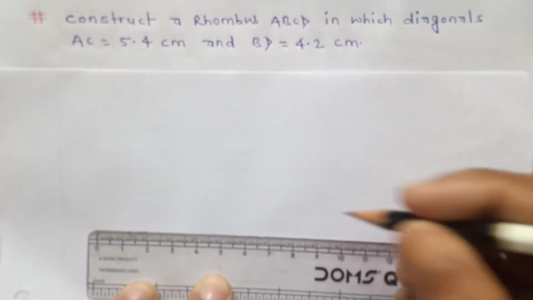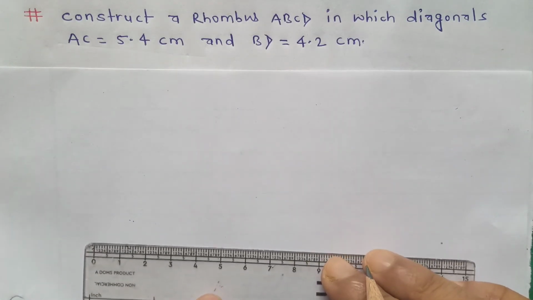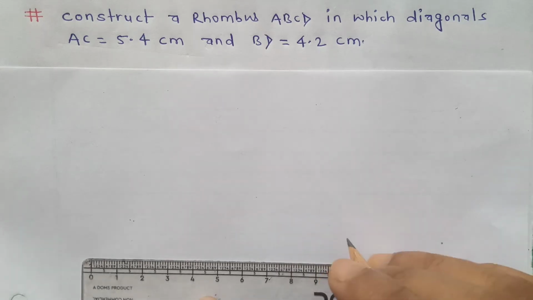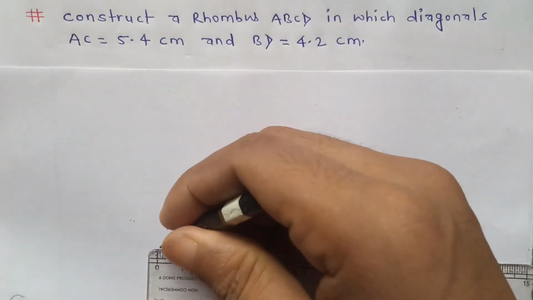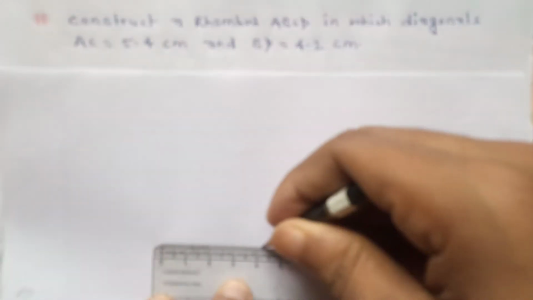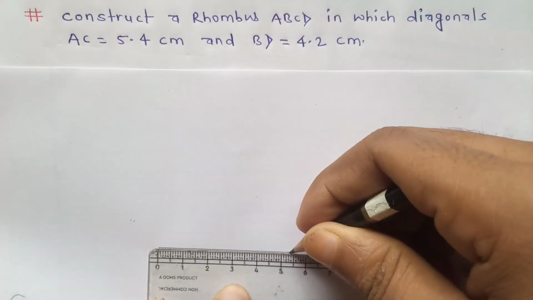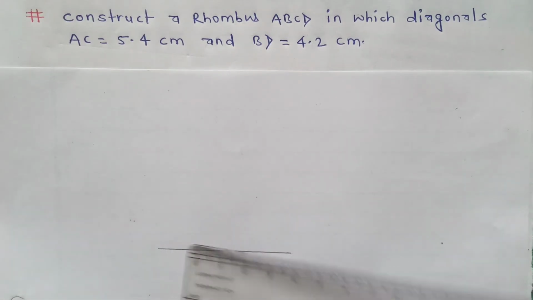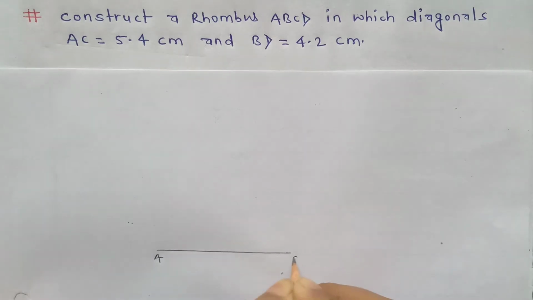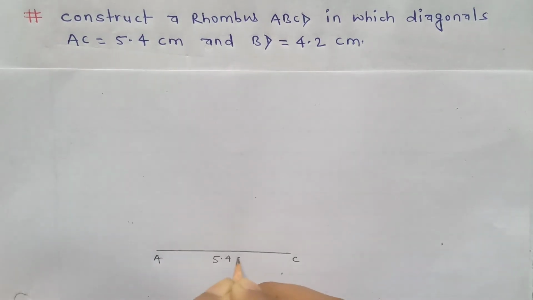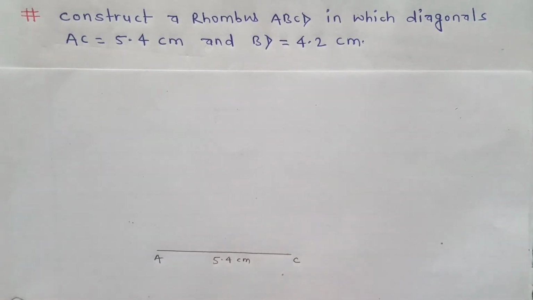Here AC is 5.4 centimeter, so I'm going to draw a line AC equal to 5.4 centimeter from 0, 1, 2, 3, 4 and 5.4. Here is the horizontal line AC, equal to 5.4 centimeter.